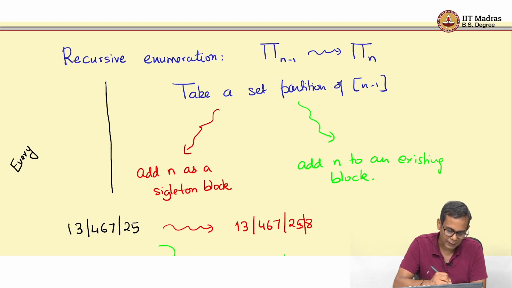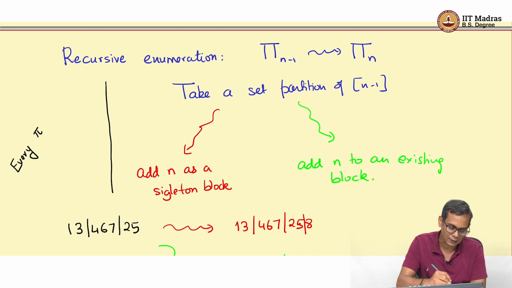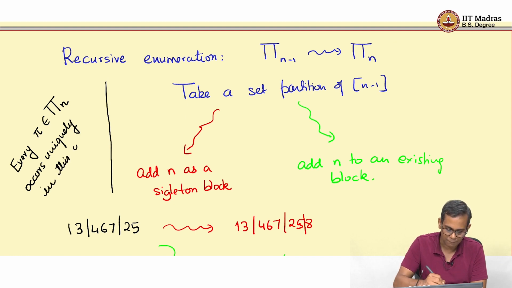Every set partition, we usually denote set partitions by lowercase pi, not to be confused of course with the ratio of the circumference of a circle to its diameter. Little pi in pi n occurs uniquely in this way.